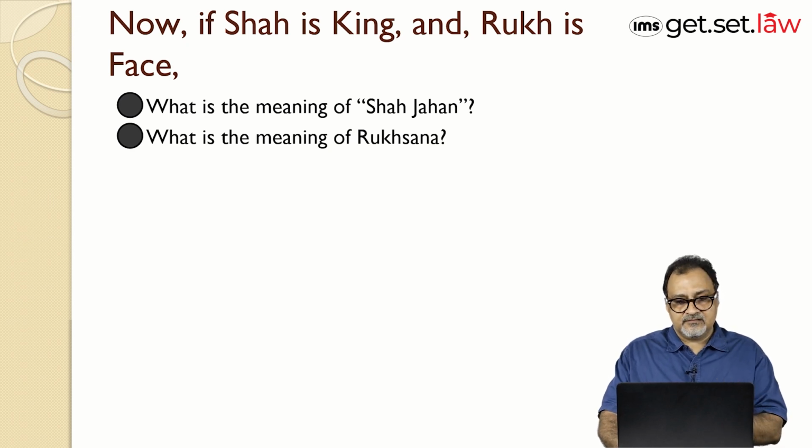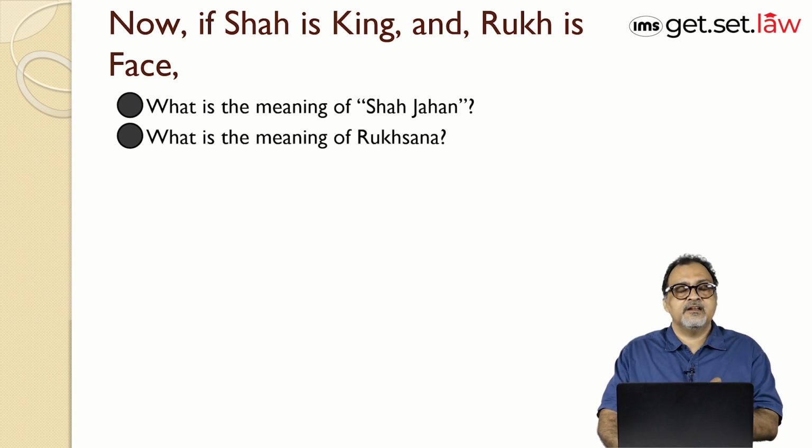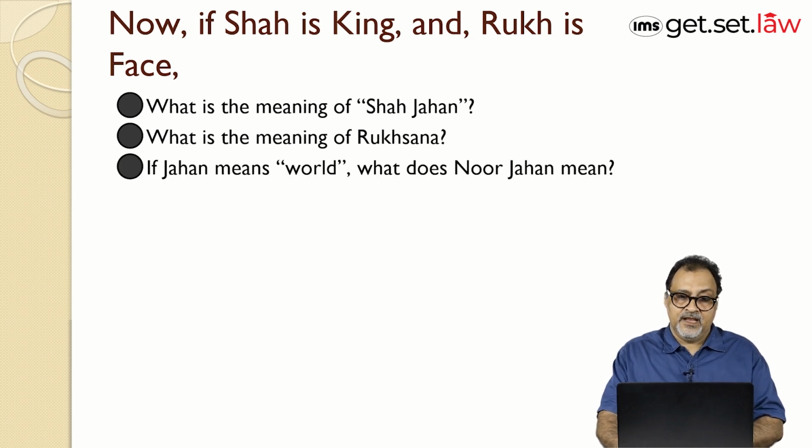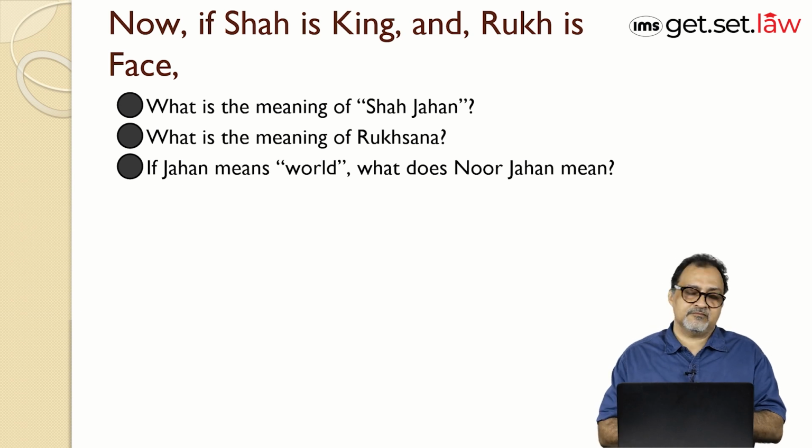If Rukh has face, Rukh can also be tree or direction. But we also know that Rukhsana is a feminine name. So, what would Rukhsana mean? One with a pretty face? Perhaps. I'm just taking a guess. But once I know the meaning of the root, I can take an educated guess on what could be the meaning of the word. If Jahan means world, what does Noor Jahan mean? Noor, light, radiance.